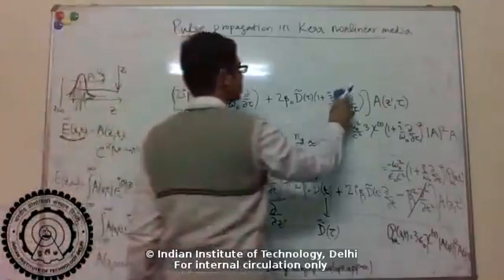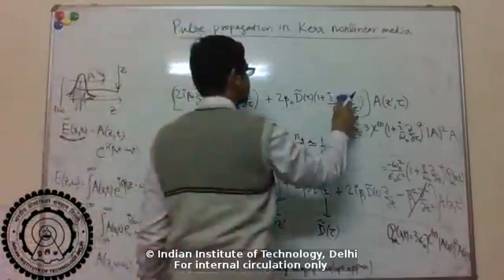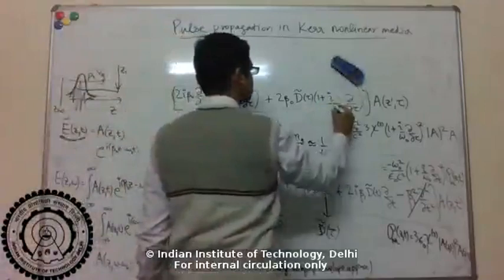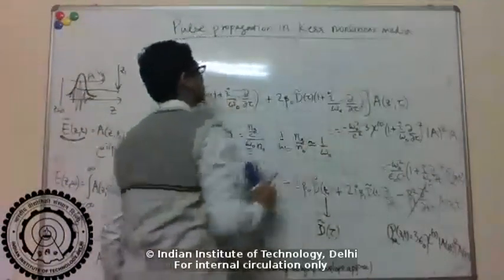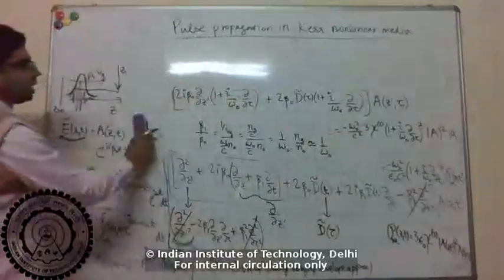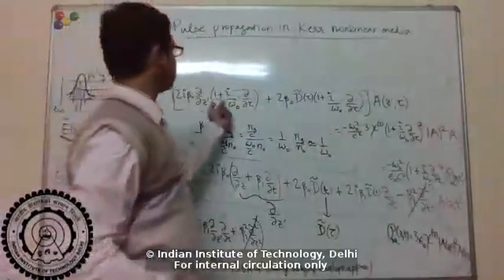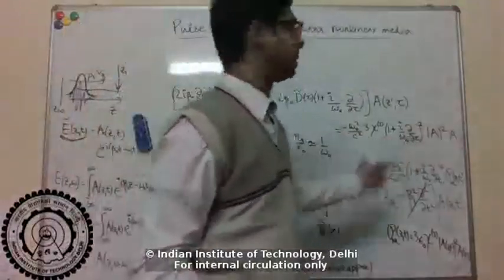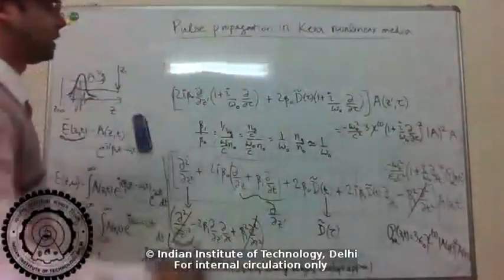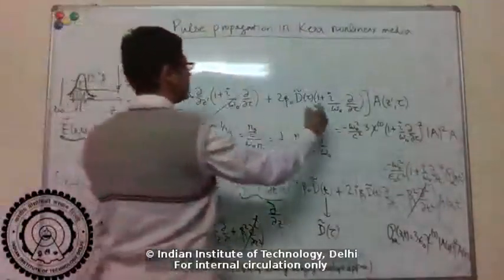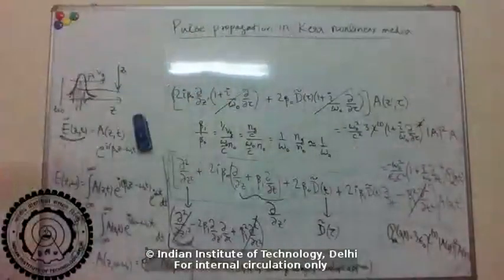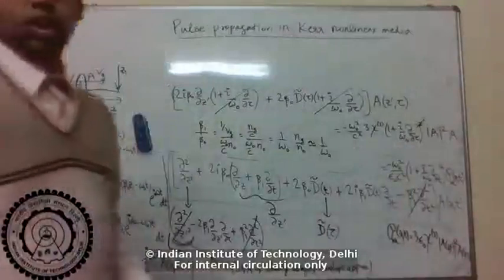Similarly here. Right, and now you can see this 1 plus I by omega naught del by del t is the same factor which is coming on the right hand side. So basically I can cancel one of these factors here, and the equation simplifies a lot.